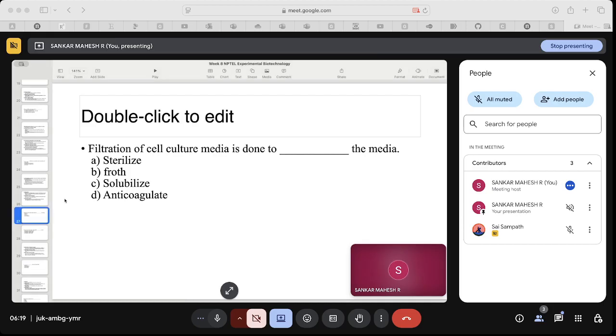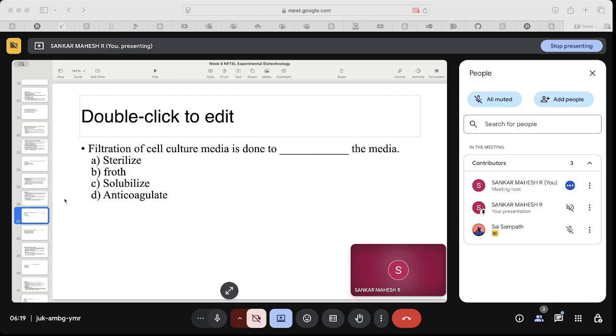Okay, so filtration here is a process where we try to remove particulate matter because we make the media. There are two ways of making the media. You either buy the liquid media or take the powder and add all the components, but you cannot really autoclave here.